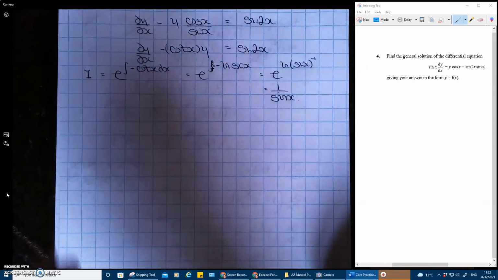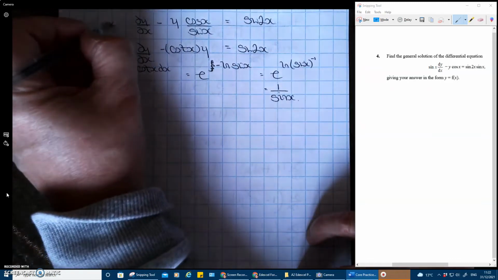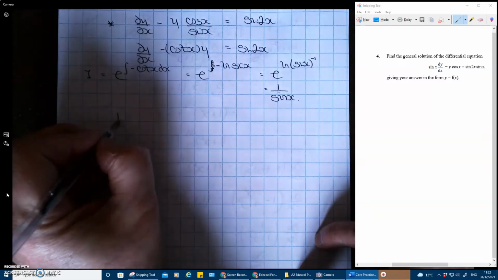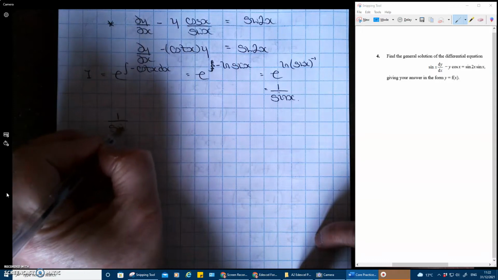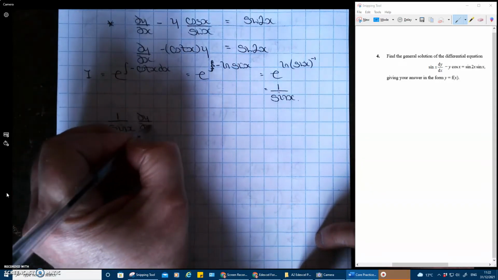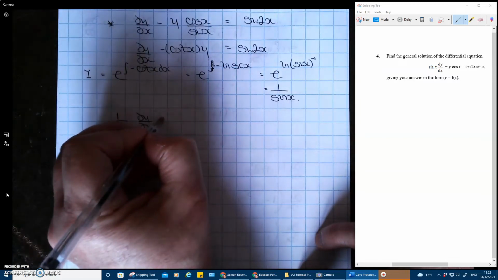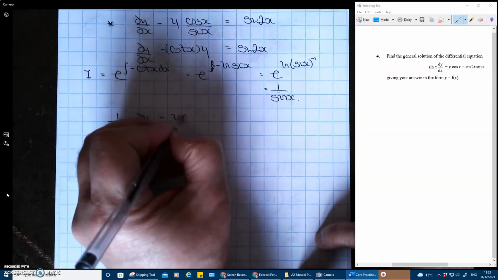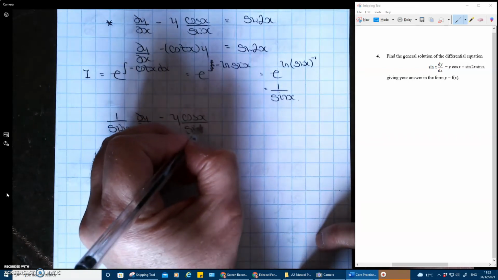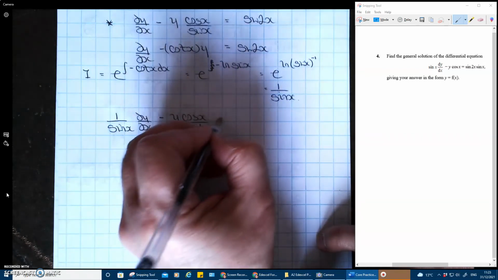Now I'm going to multiply everything by 1 over sine x. So back to my star up here, multiply it all by 1 over sine x, and equals sine 2x over sine x.